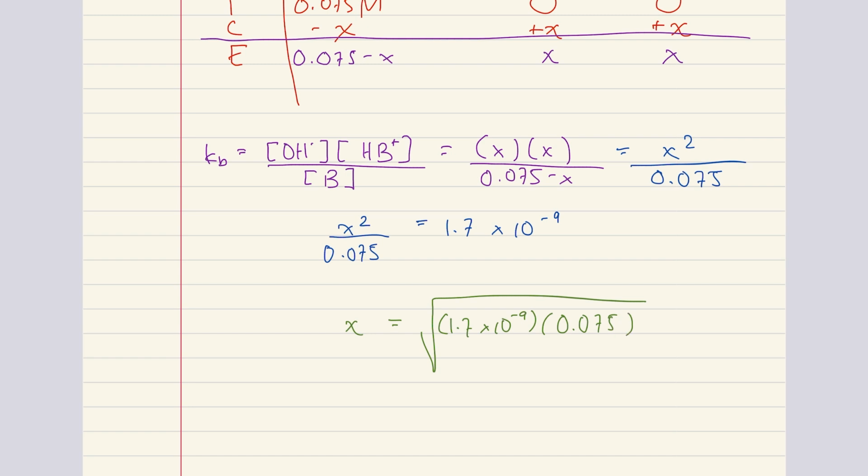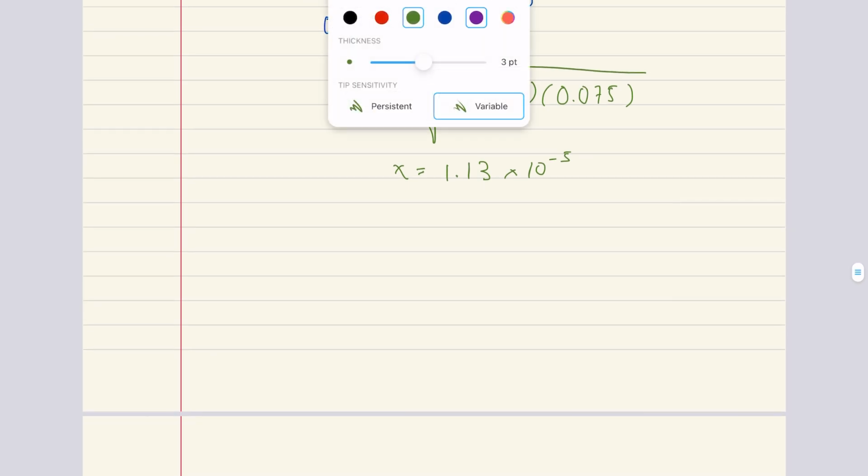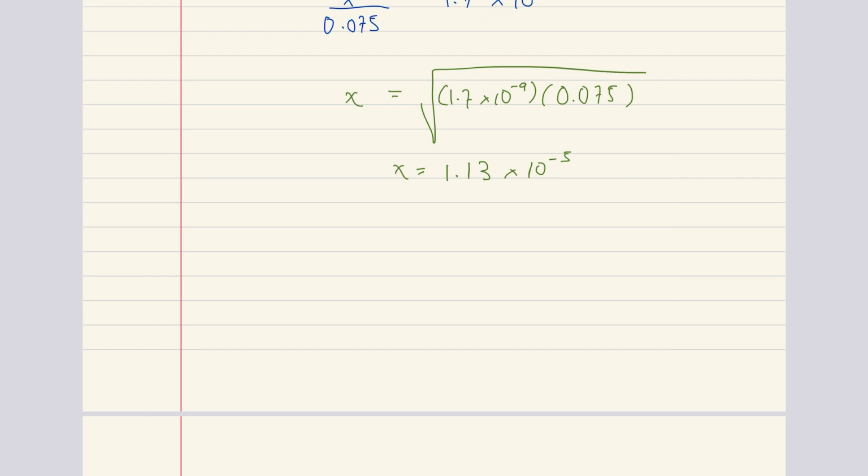And this is going to give us that X is equal to 1.13 times 10 to the minus 5. Now, since we used our 5% approximation rule, we want to triple check that we did that appropriately. And the way we do that is we take our value of X, divide it by our initial concentration, and multiply that by 100%.